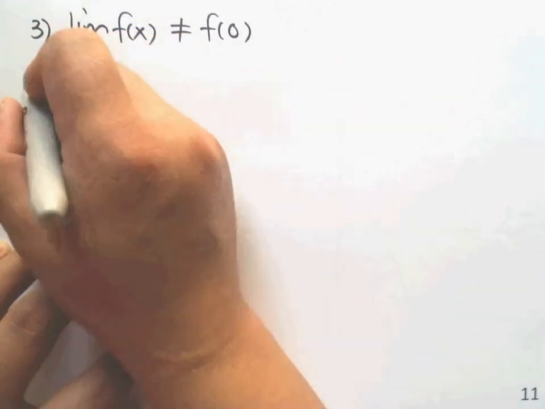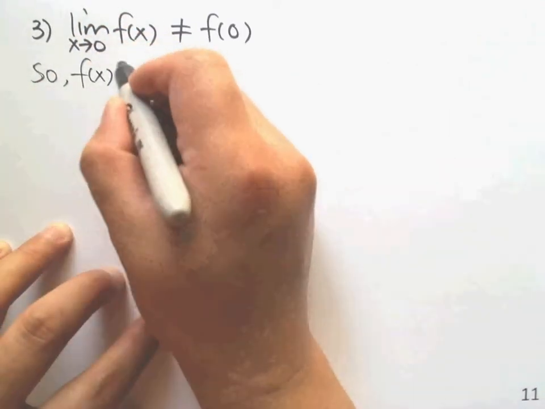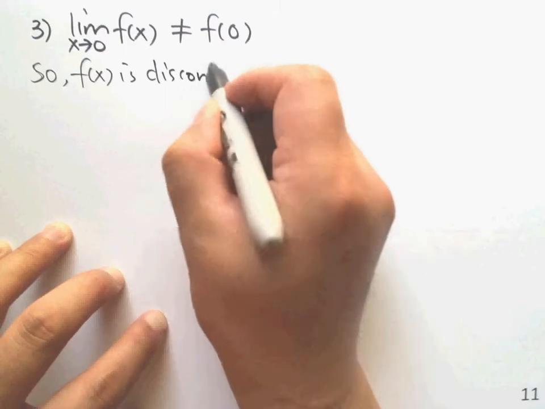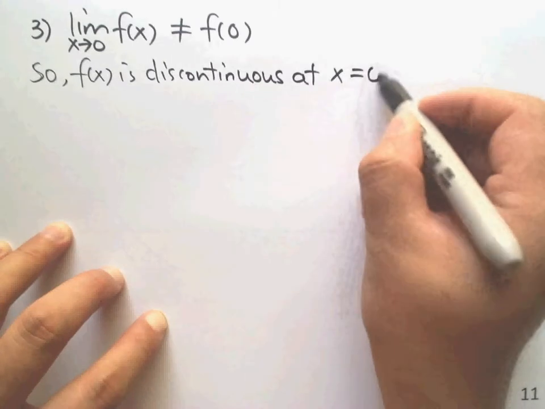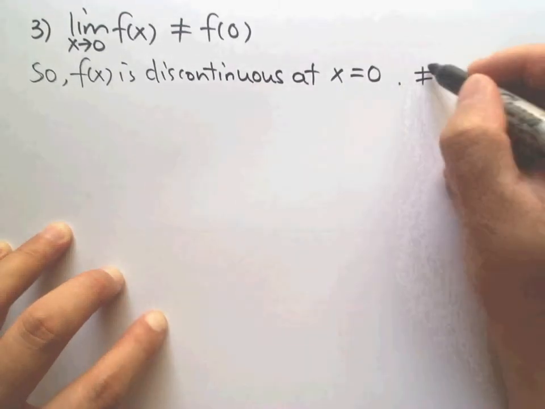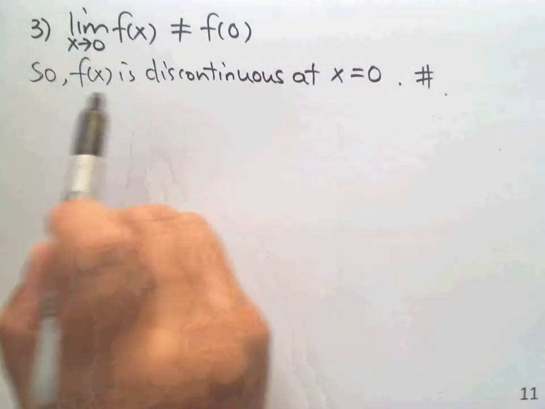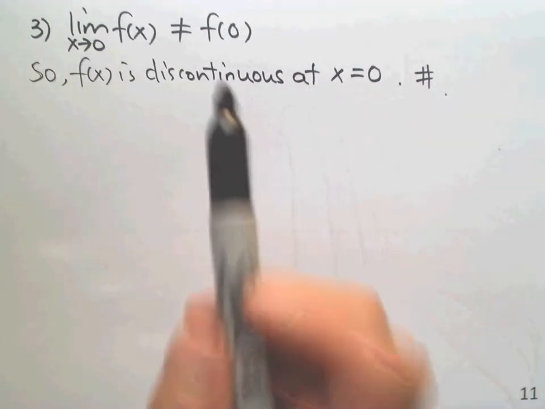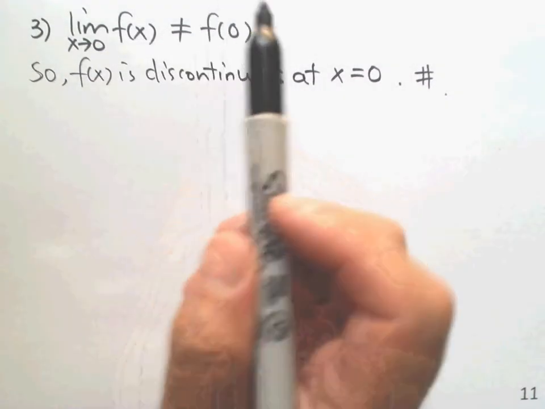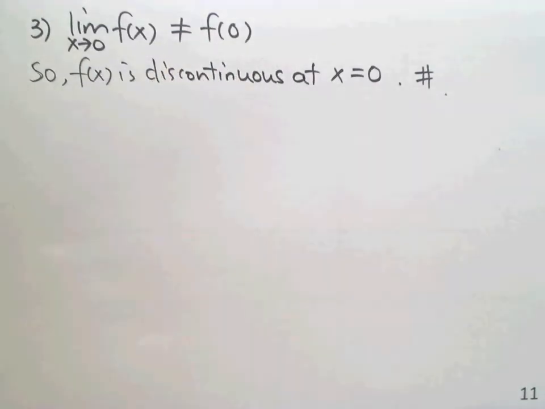So the third condition does not satisfy, and we say f is discontinuous at x equals 0. I hope you build the experience. All we need to do is verify the first, second, and third conditions. Whichever condition does not satisfy, it is discontinuous. If all three conditions are satisfied, that's continuous.